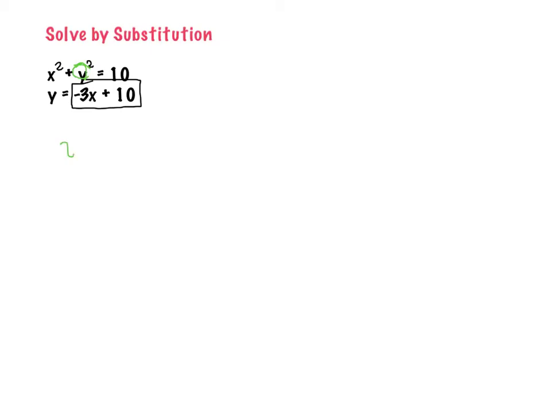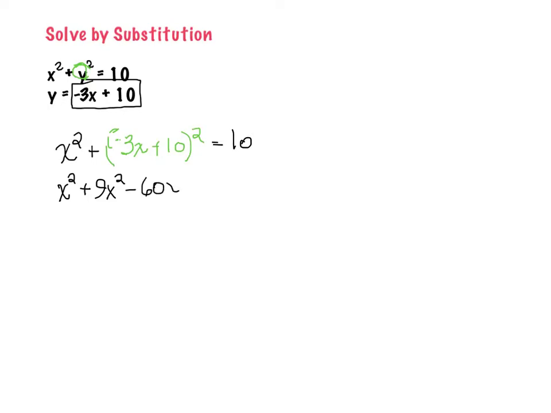So I get x squared plus, and I'm going to put my y in now, squared equals 10. And I'm going to have to distribute out the binomial. So if you remember the shortcut, it's square the first, multiply them in doubles, so that's -30 doubled, and square the last.